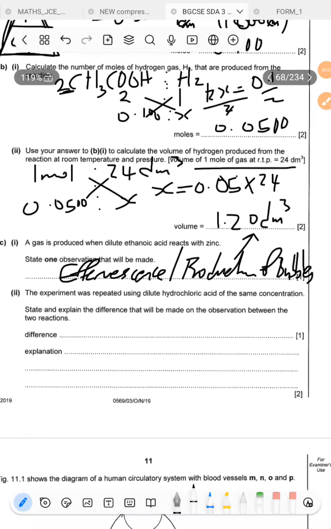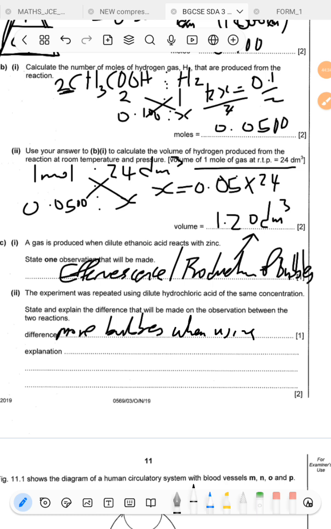Roman numeral 2, the experiment was repeated using dilute hydrochloric acid of the same concentration. State and explain the difference that will be made in the observation between the two reactions. The difference we're going to see is that more bubbles are going to be produced when using HCl.